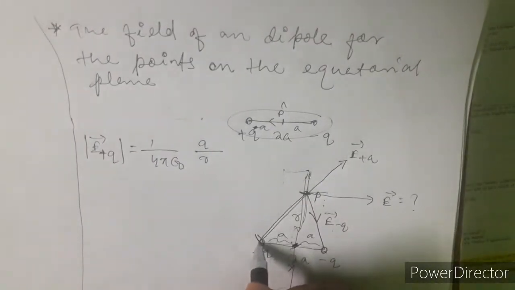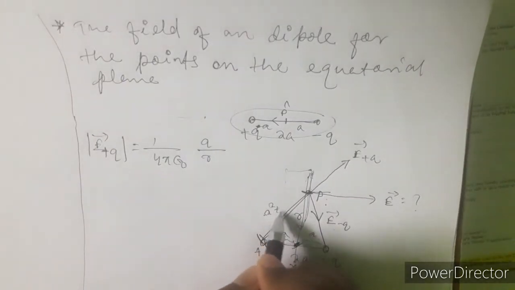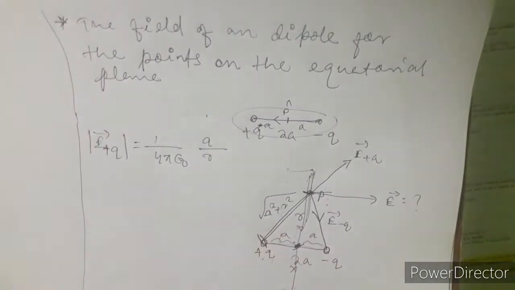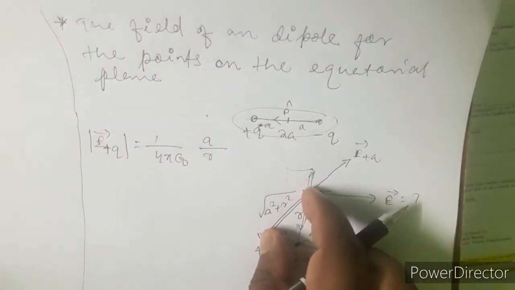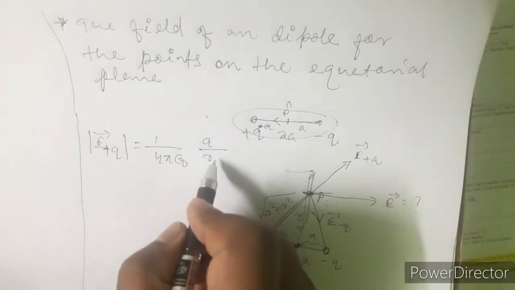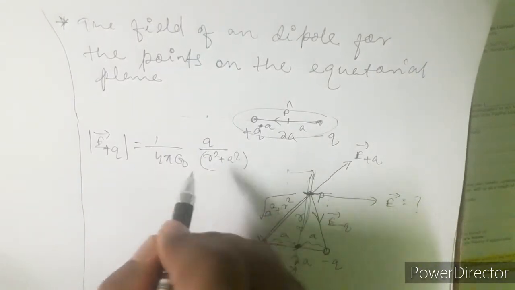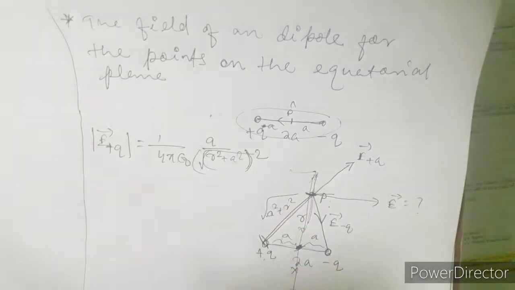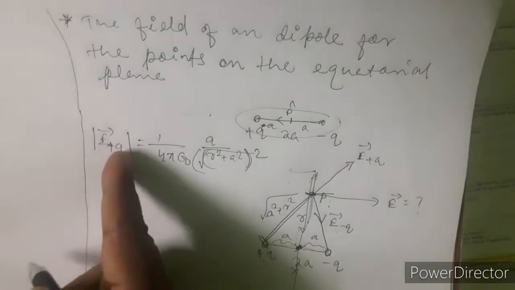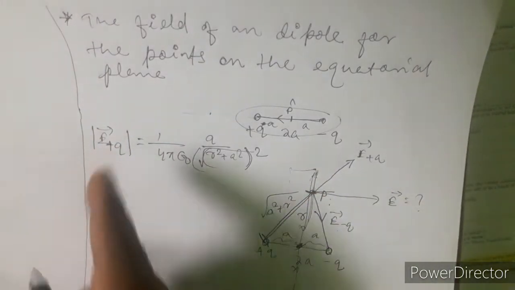From the Pythagoras theorem, the distance between plus q and P is the square root of r squared plus a squared. So this will be q by the square root of r squared plus a squared, whole squared. This is the magnitude of E plus q, the electric field at point P due to plus q charge.